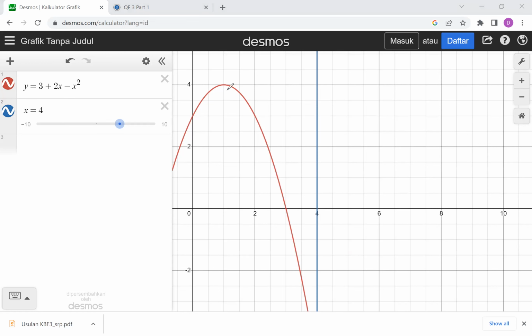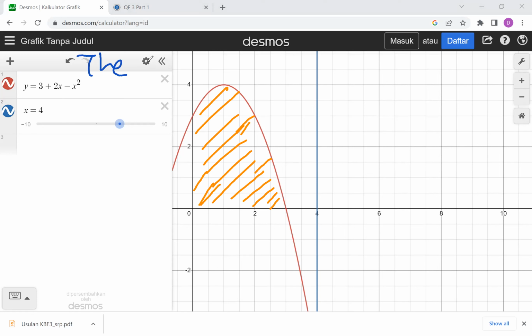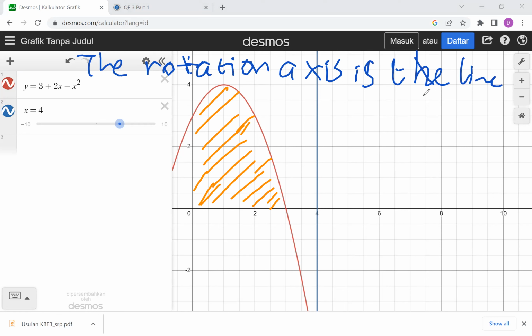What is the suitable method for this problem? The rotation axis is the line x equals 4. So what is the suitable method?